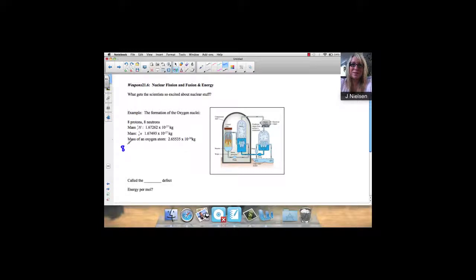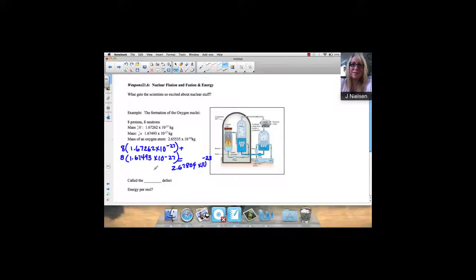So we're going to have 8 times 1.67262 times 10 to the negative 27 plus 8 times 1.67493 times 10 to the negative 27. And that's going to equal 2.67804 times 10 to the minus 26.